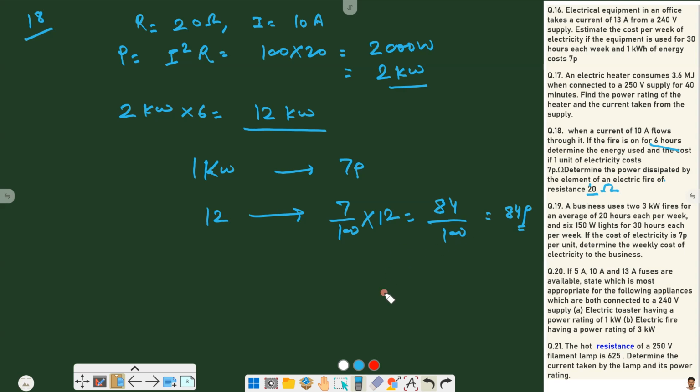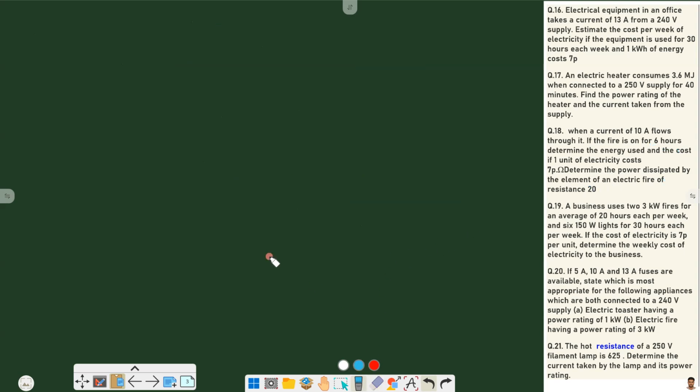Moving to next question, question number 19. A business uses 3 kilowatt fires for an average of 20 hours per week. So fire rating is 3 kilowatt, and there are 2 fires.